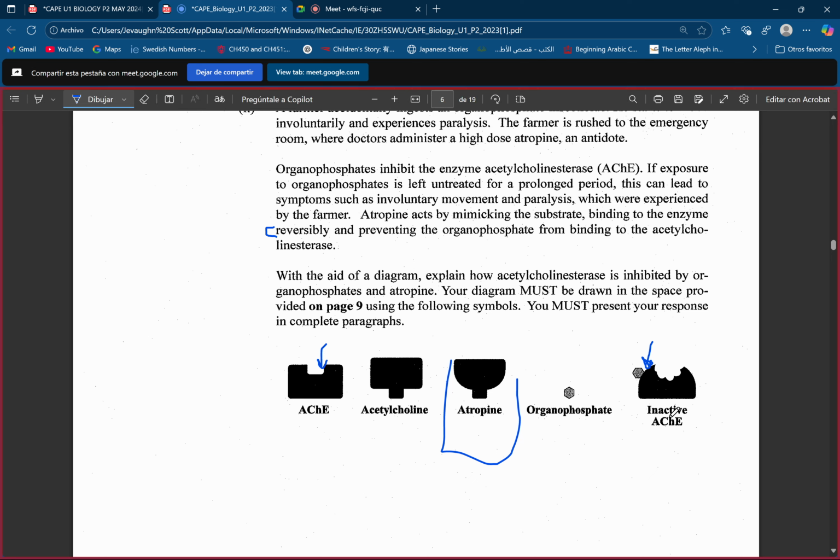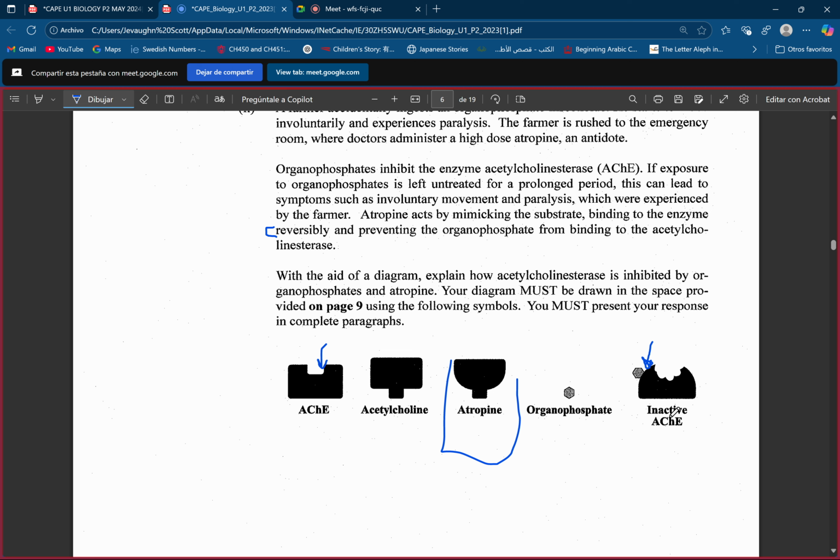Alright? So all you need to do is explain how that works, how it is inhibited. So competitive inhibitors, right, would inhibit by binding to the active sites, right, and preventing other substrate from binding to active sites. While the non-competitive inhibitor would bind to an allosteric site that will now change the structure of the active site on said enzyme. Alright?